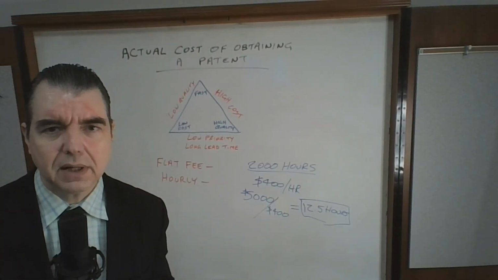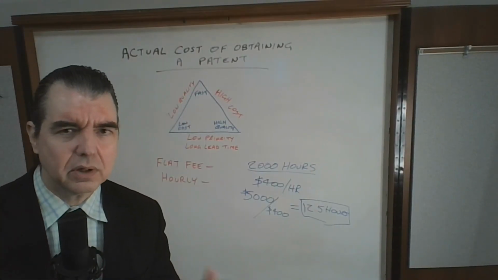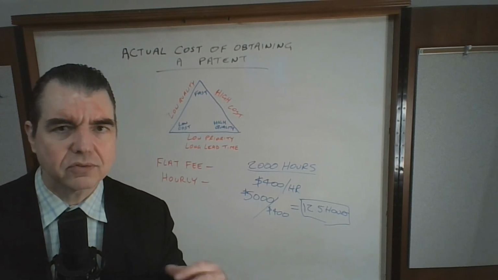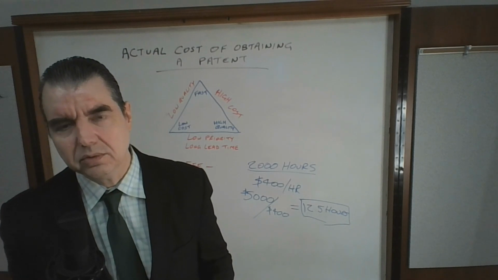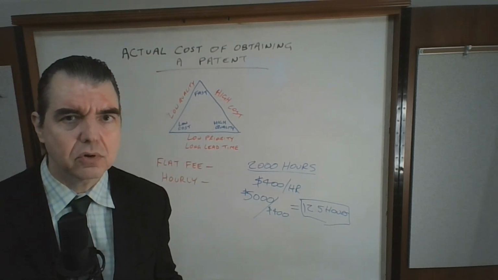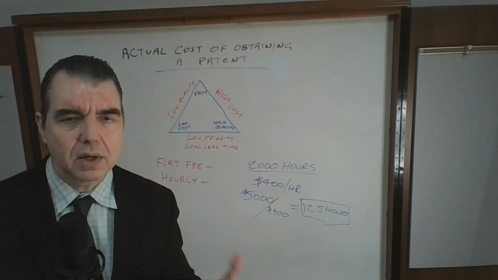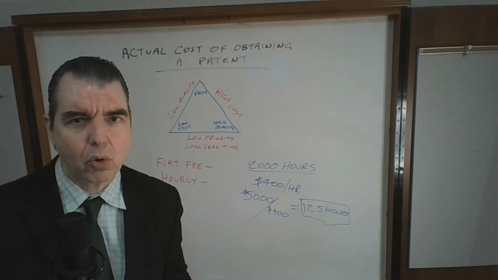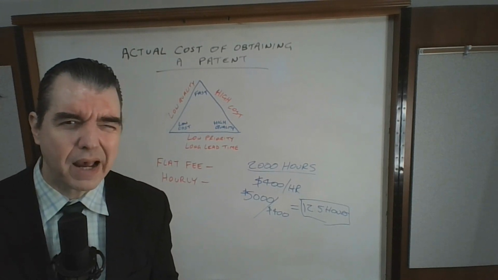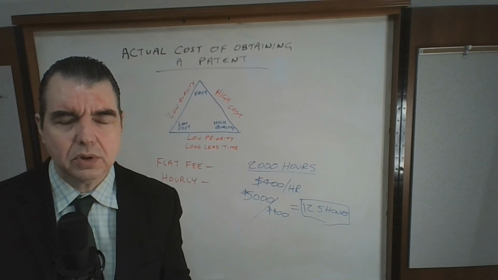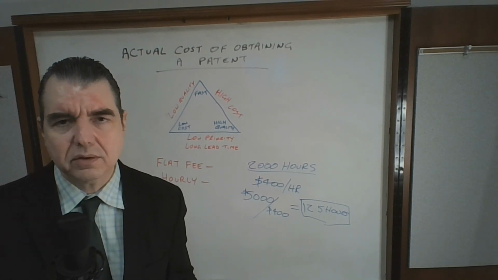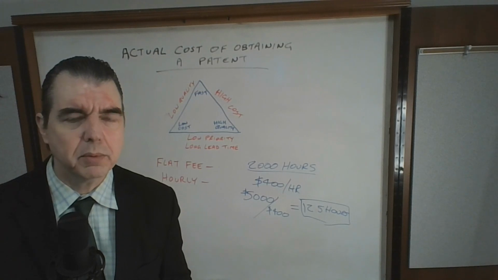So this is something that needs to be understood when you look at firms and you see who's prosecuting patent applications for what companies. This is one of the reasons that some larger companies go with larger firms, because that firm handles a larger portfolio of legal work than just their patent prosecution work. So to summarize, what I'm saying here is you need to look at the different types of firms that exist and decide what type of firm you maybe want to work with.